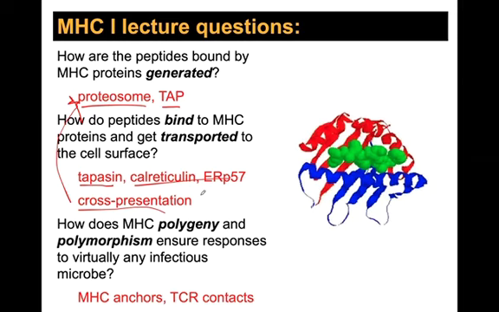Polymorphism and polygeny are really changing which kinds of peptides are being bound by having different preferences for MHC anchor residues. That typically forces hydrophobic side chains to be presented on the surface of this MHC, and the act of covering that up with a TCR contributes to antigen recognition.